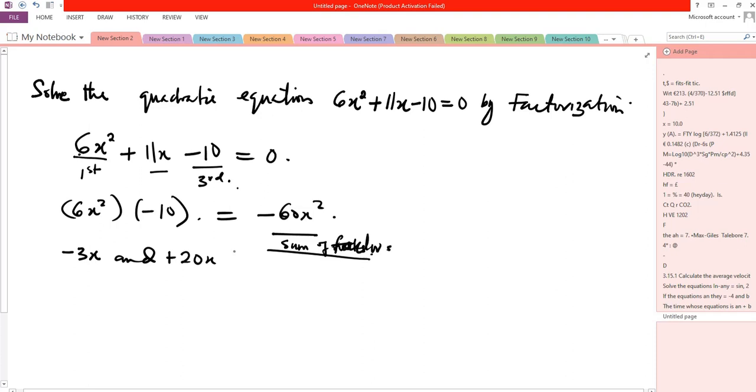If you sum this and this, it will give you plus 17x.